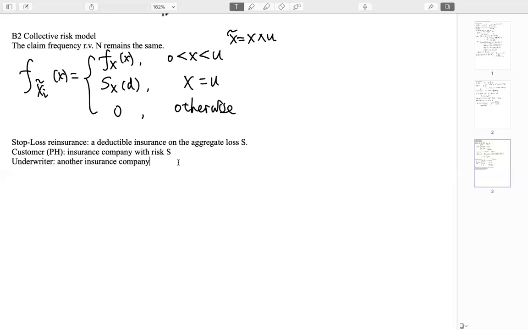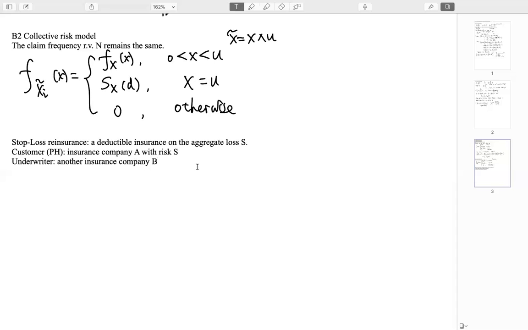So basically, this is a business deal between two insurance companies. First, let's label them: insurance company A, another insurance company B. What A deals with are direct policyholders, like individuals. Anyone with a car needs to buy car insurance.